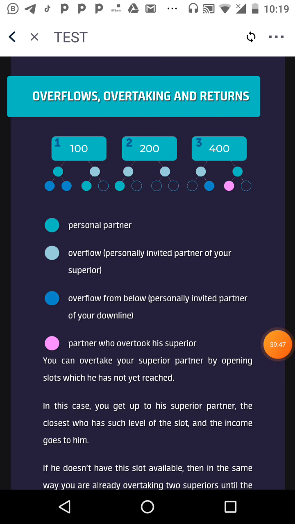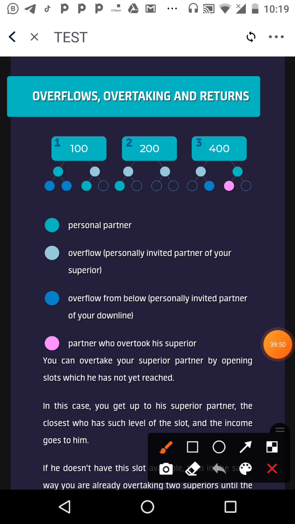Now we have 100, 200, and 300 in each matrix here. And this means this is an X4 structure, and as you can see, you can come in with $100 here, you can come in with 200, $300.